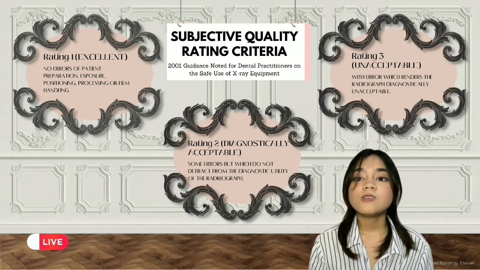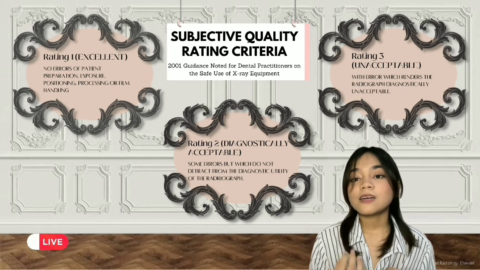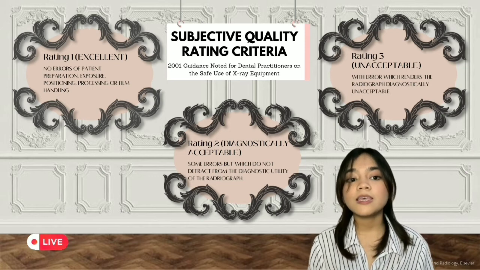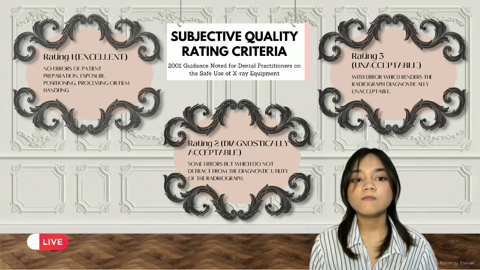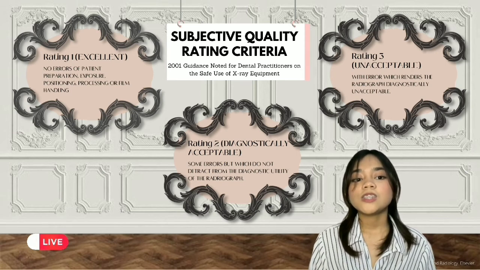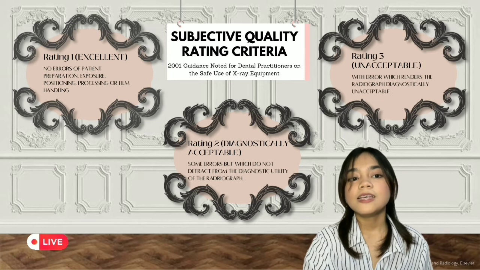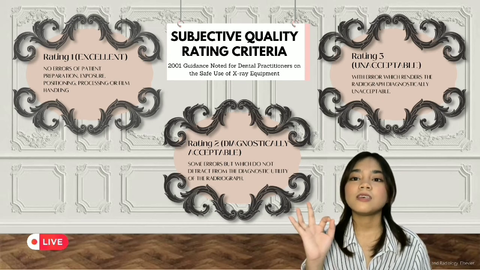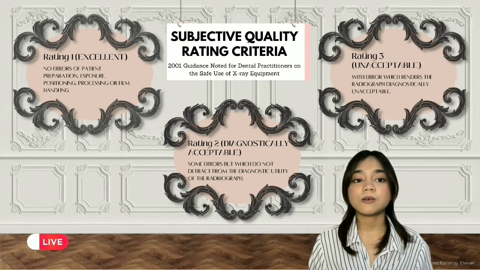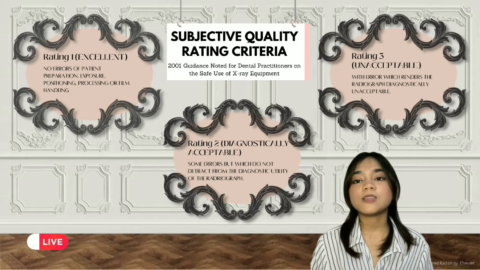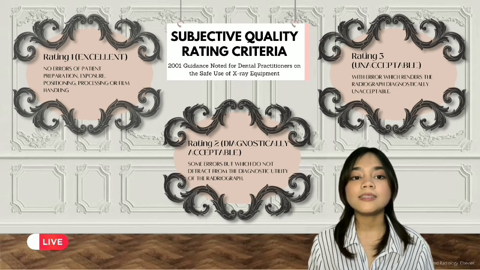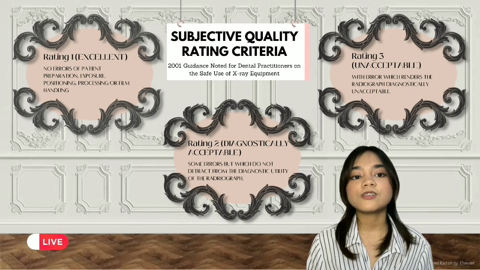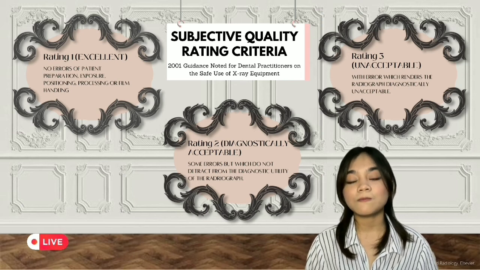While if the image is a 2, it is diagnostically acceptable, meaning there may be some errors, but they do not detract from the diagnostic utility of the radiograph. So if an image is a 3, it is unacceptable. So the errors of patient preparation, exposure, positioning, processing, or film handling render the radiograph diagnostically unacceptable.